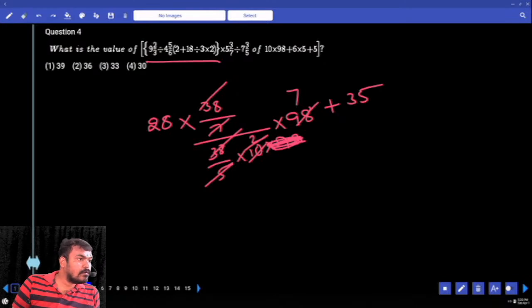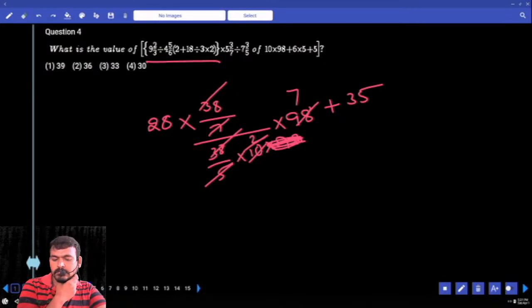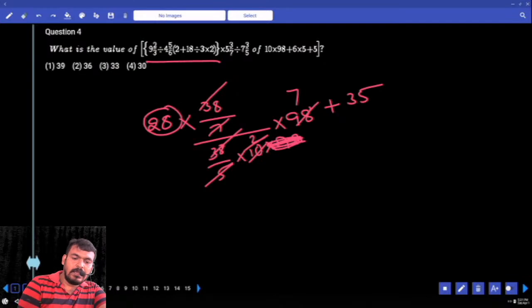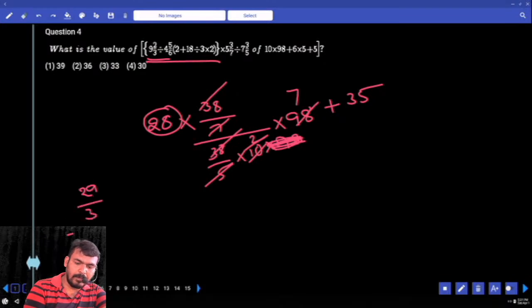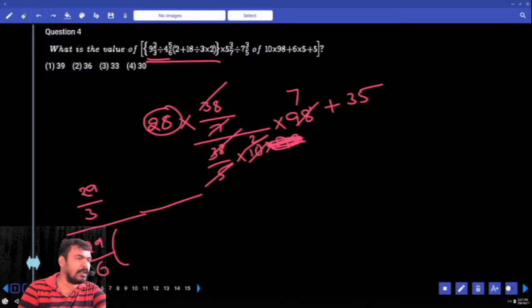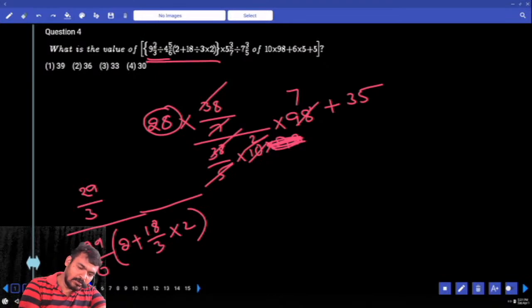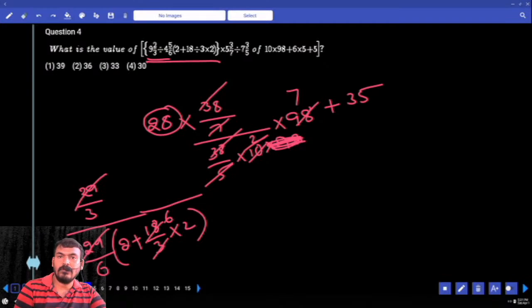Again we are getting the first one, 1 by 7. 29 by 3 is how much? 29 by 3 by 29 by 6 into, it is all are denominator 2 plus 18 by 3 into how much value? 2 or not? 29 cancel. 3 how many times? 6 times. 6 2s are 12. 12 plus 2 14.